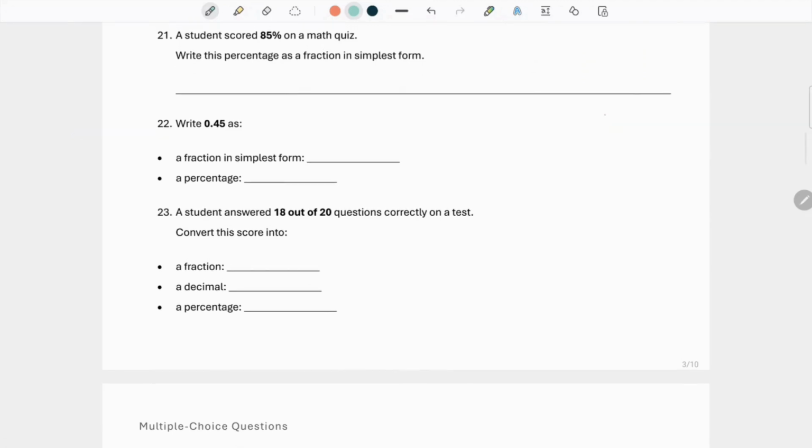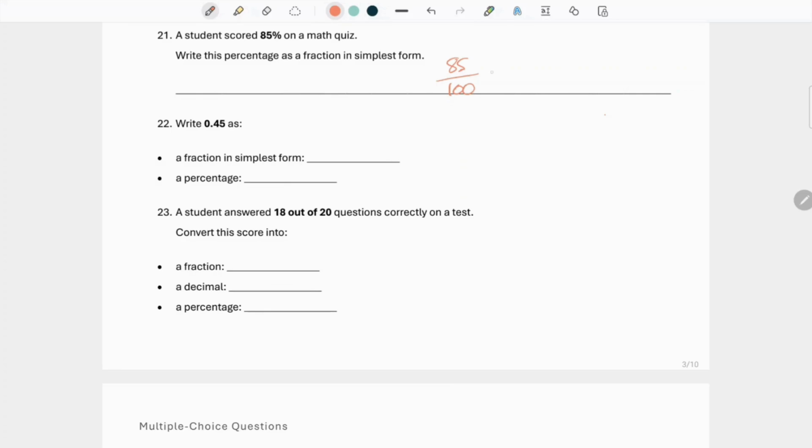A student scored 85% on a math quiz. We said percentages are out of 100, so we can write it as 85 over 100. And it said write this percentage as a fraction in its simplest form. Now, if you don't know what the highest common factor is, we can just keep on dividing it by numbers that they both divide into.